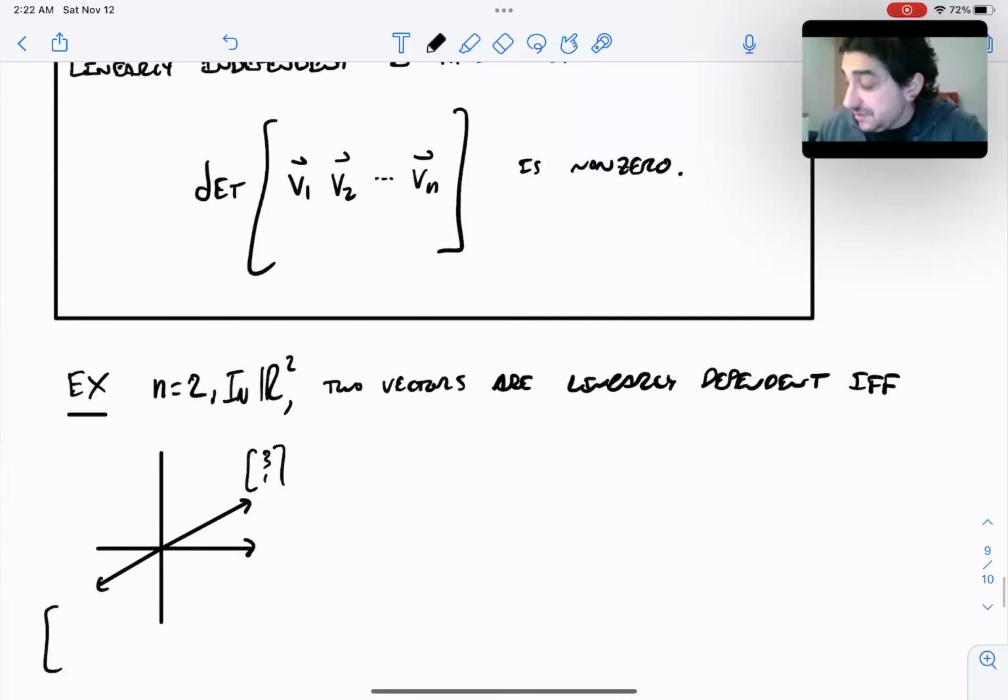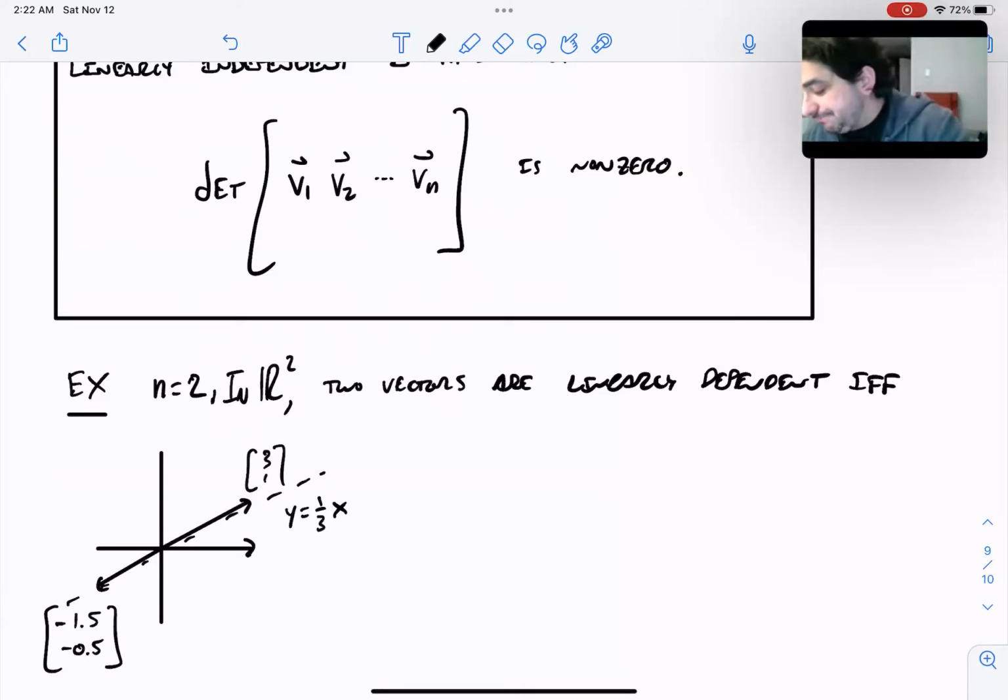Say if it were something like (-1.5, -0.5), then those two would be linearly dependent because they both lie on the line y equals 1/3 x, right? So that's how you get linear dependence in 2 dimensions. They're linearly dependent if and only if they lie on the same line.